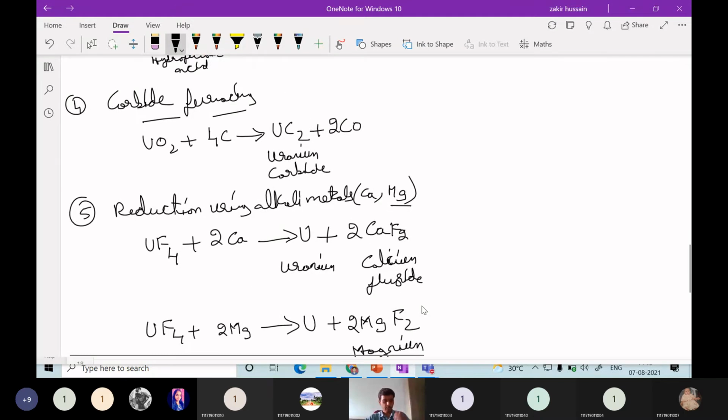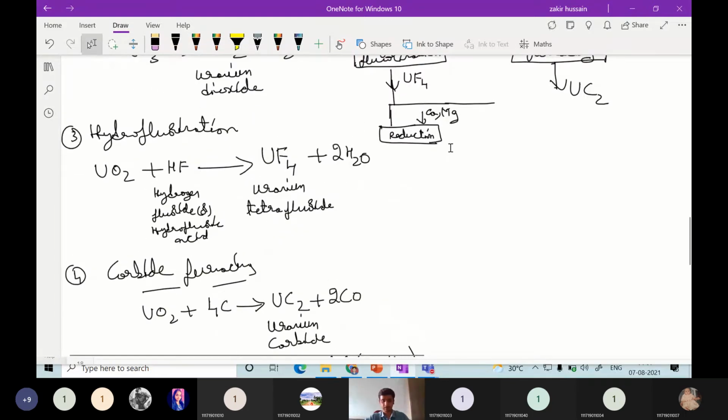Further, this product can be fluorinated. From the reduction you are getting U. Then the uranium tetrafluoride can also be converted to uranium hexafluoride, UF6.